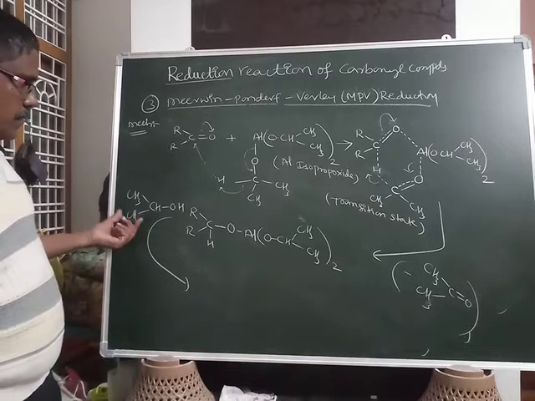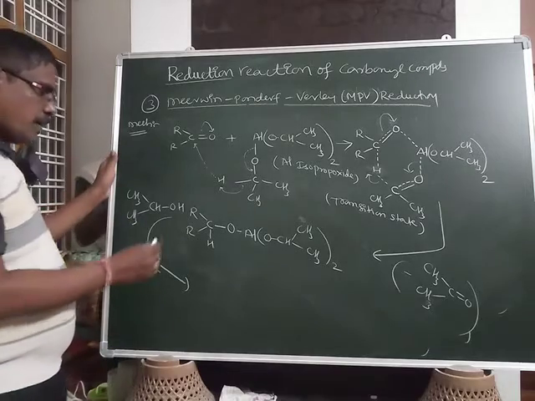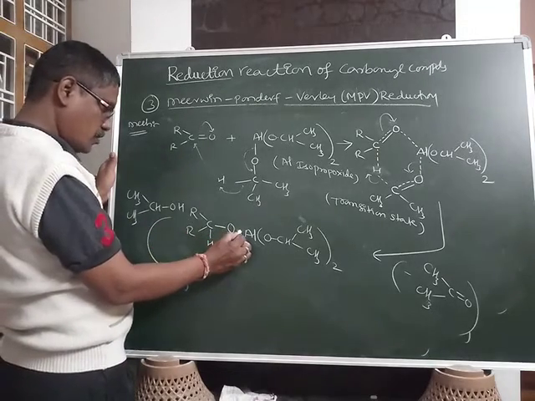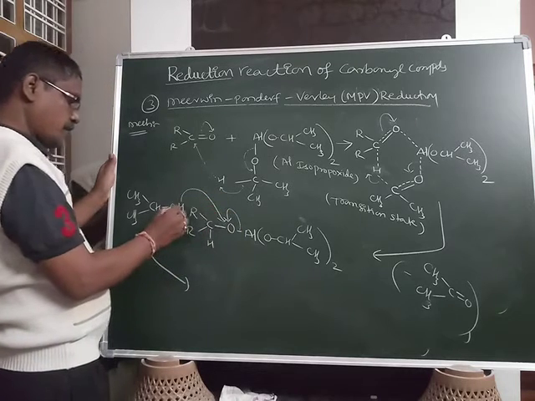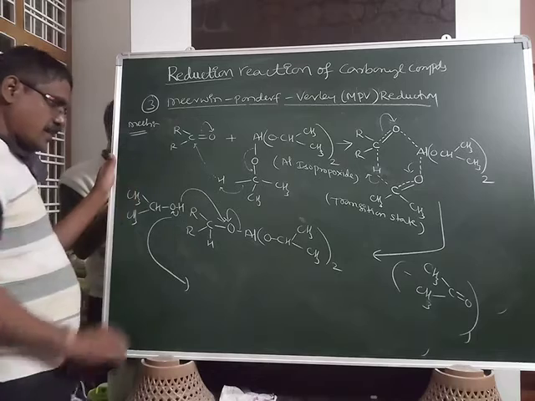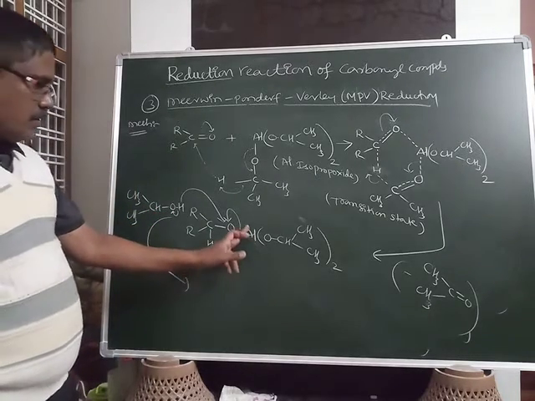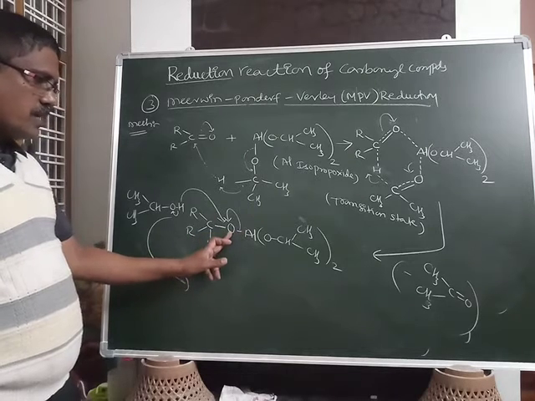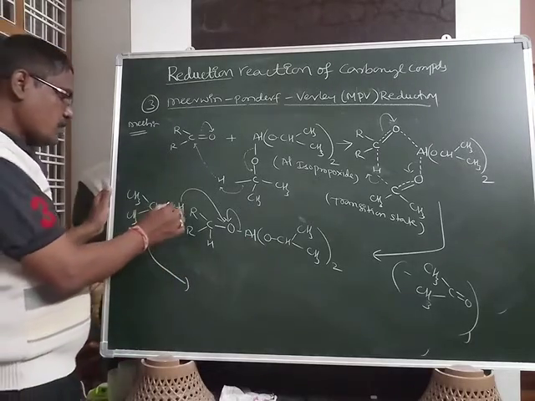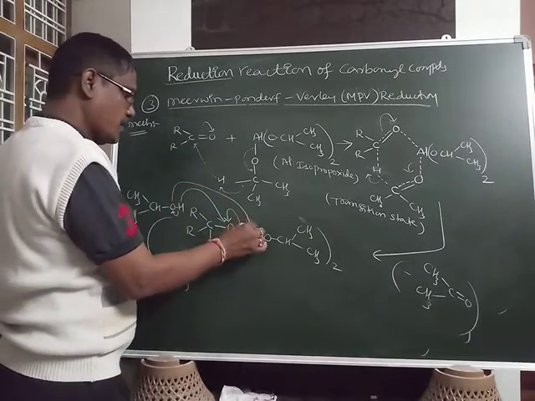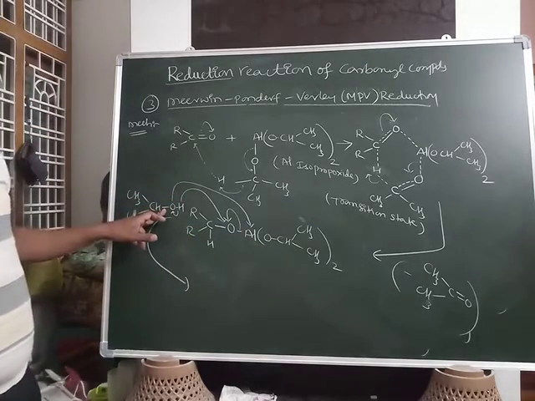In the presence of aluminium isopropoxide and isopropyl alcohol, this bond shifted to this side and hydrogen will give this one. Now the bond is shifted to this side. O minus, here Al. Due to the shifting of the sigma bond towards the oxygen, Al becomes positively charged. The positively charged aluminium is bonded with oxygen.